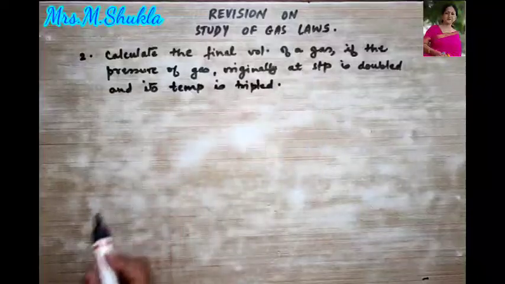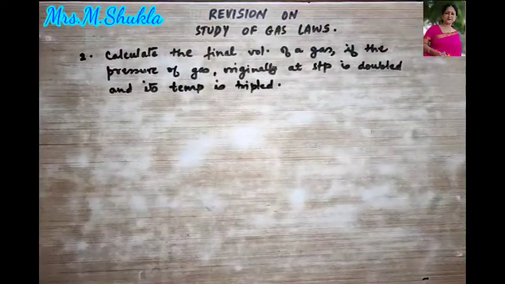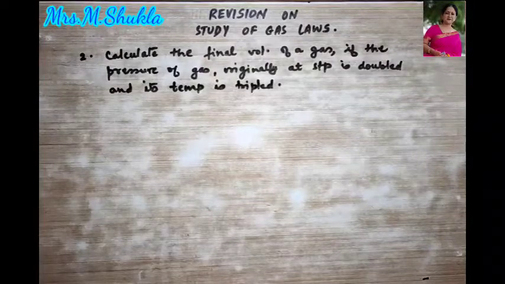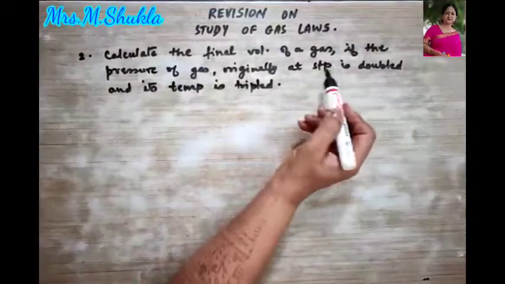Read the question. Calculate the final volume of the gas if the pressure of the gas originally at STP is doubled and its temperature is tripled.